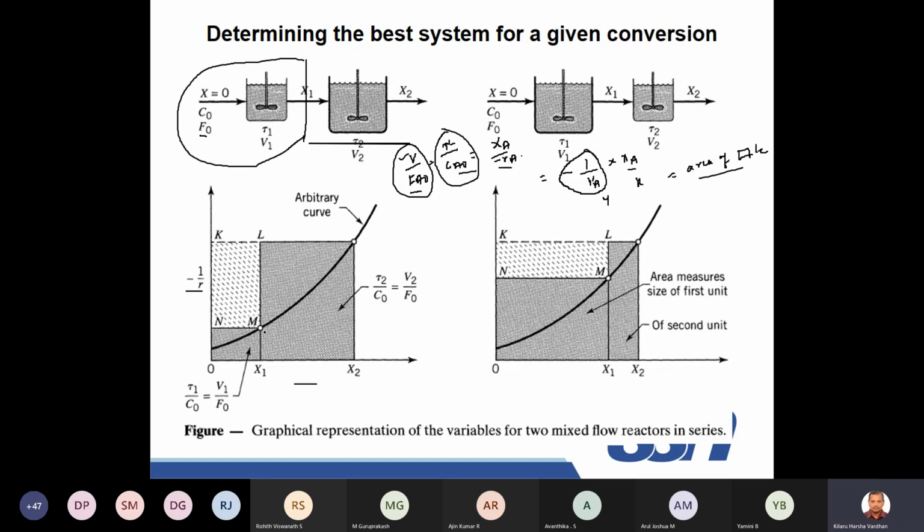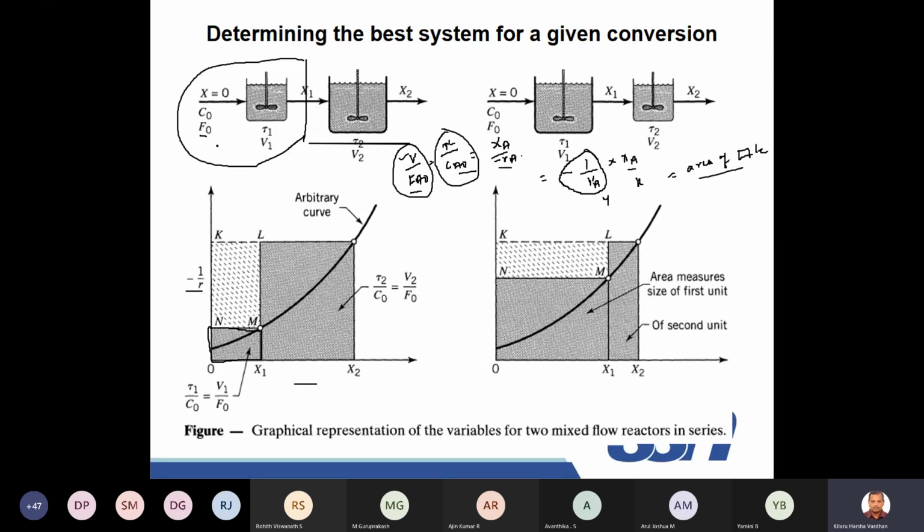That is what I'm doing. This is nothing but the area of a rectangle. So I'll draw an area rectangle like this. This area will give me either tau 1 by CA naught or V1 by FA naught. This A is removed, right?